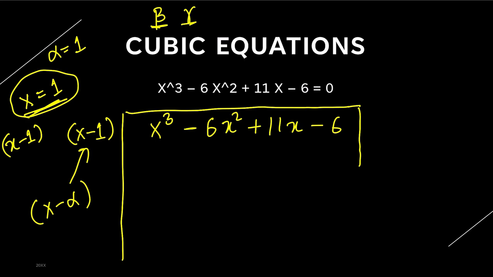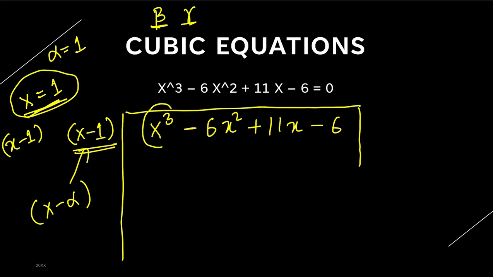Here we are keeping x minus 1, because alpha is equal to 1. Now I kept x minus 1 here. This is the original equation. Now, divide this equation. In the case of a polynomial, how does the division work?